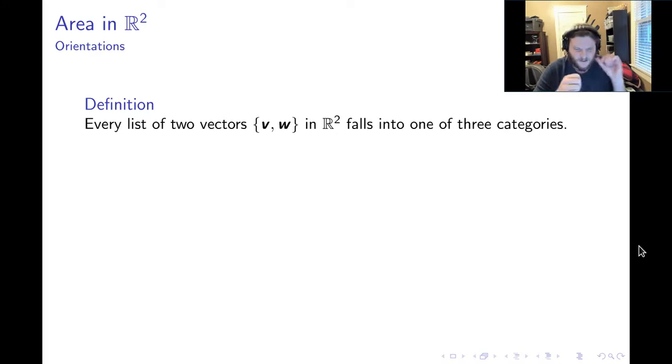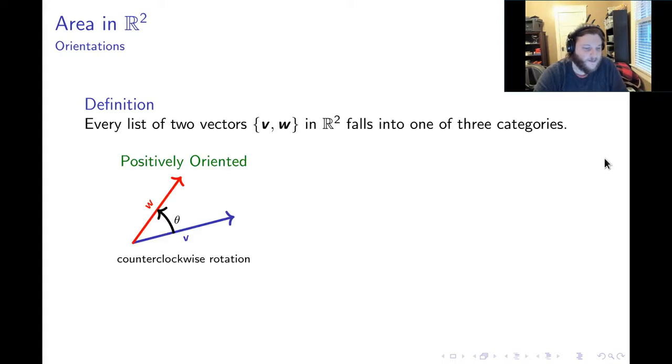So here's the technical definition. Let's say that we have a list of vectors v and w in R2. Every list of this form, so every list of 2 vectors in R2, falls into one of 3 categories. The first category is positive orientation.